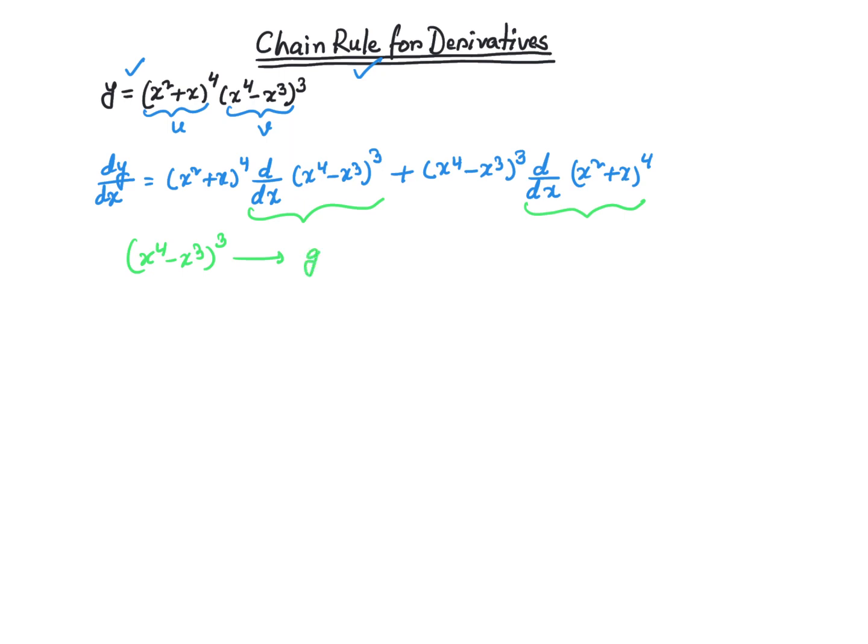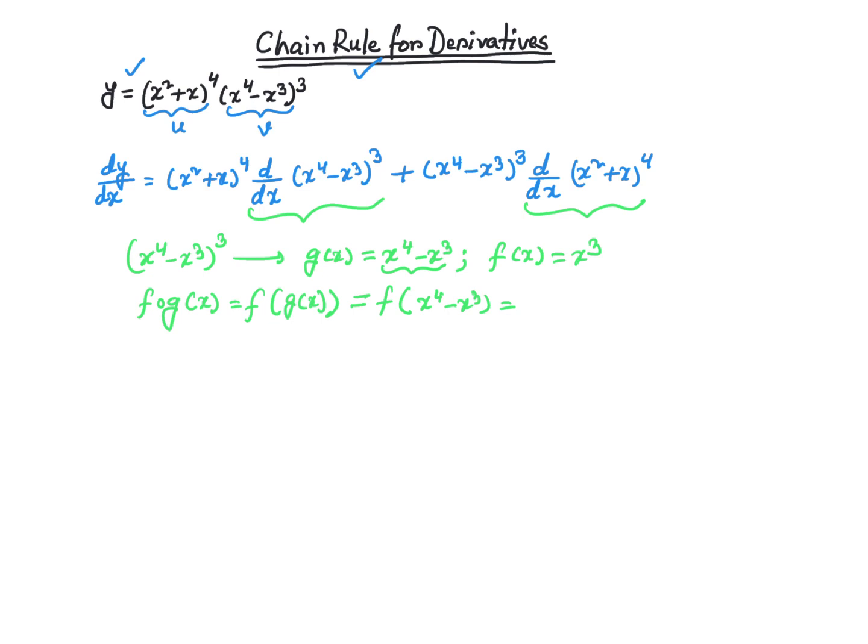So let's say my g of x is equal to x to the power 4 minus x cubed. Then my f of x is going to be just x cubed. Then if you do f composed with g of x, you're going to get f of g of x, and that is equal to f of what is g of x, x to the power 4 minus x cubed, which is this.